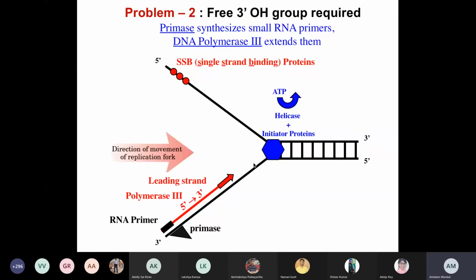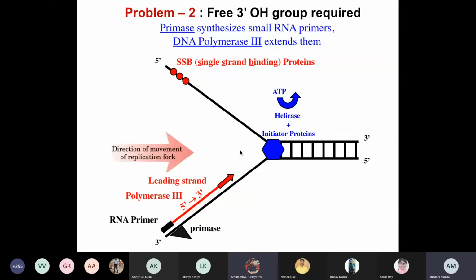Now, let's think about the other strand. Do you envisage any problem for DNA synthesis in this case? What is the direction of the DNA synthesis that should be happening here?